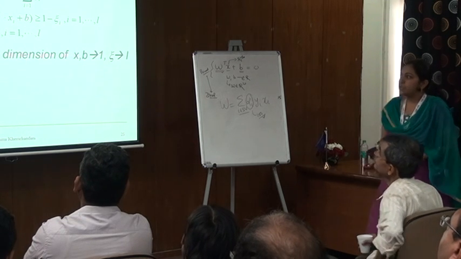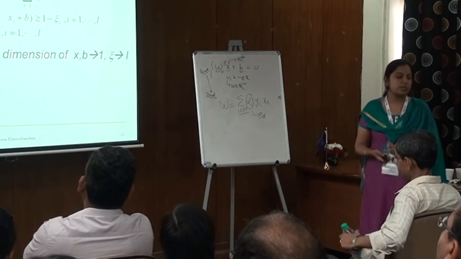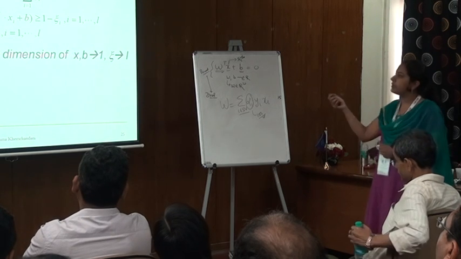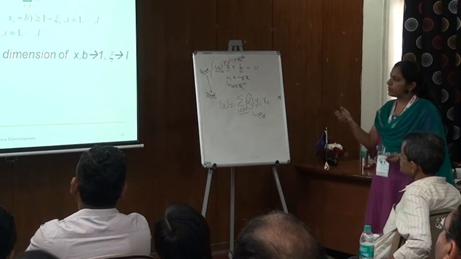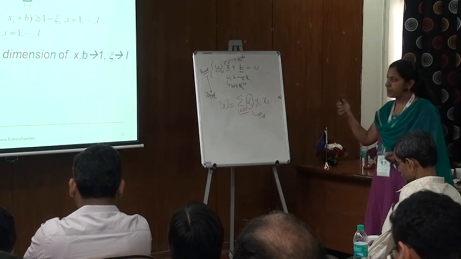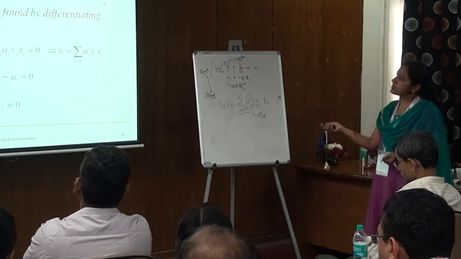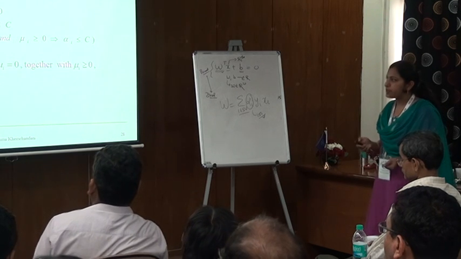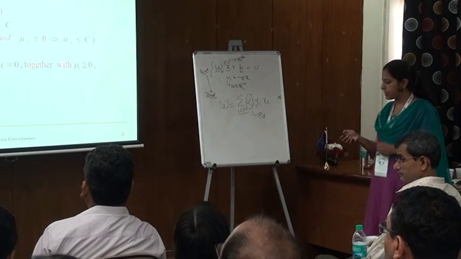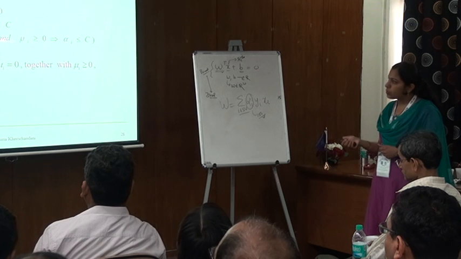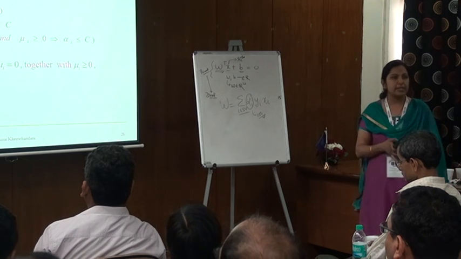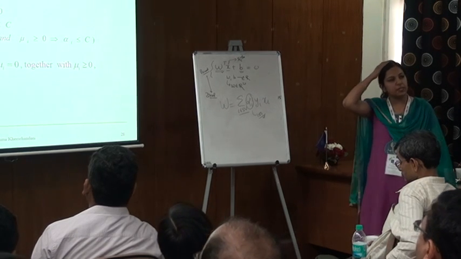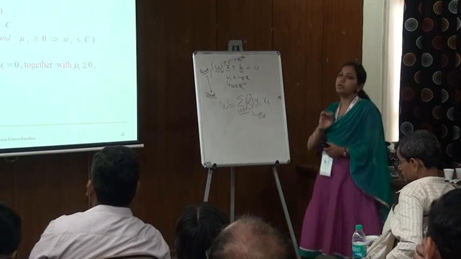Now again, similar to the optimization problem in the case of the hard margin classifier, we have an optimization for the soft margin classifier, and this is the corresponding dual problem. The only difference, if you could notice, between the hard margin and soft margin classifier is the bound on this Lagrange multiplier. Previously, the only constraint on the Lagrange multiplier was that it can take a value greater than or equal to 0.